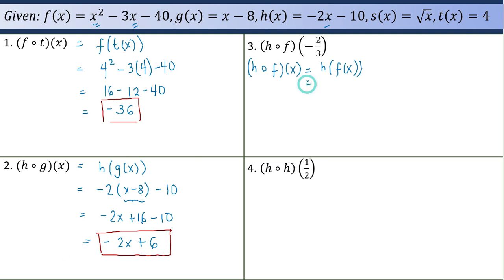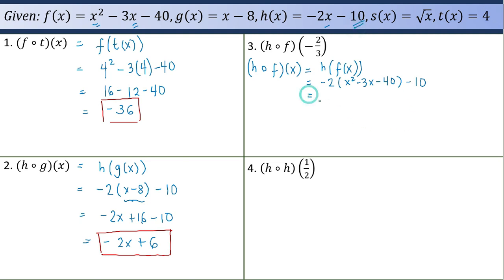So, ang gagawin natin, isa-substitute natin ang f of x doon sa ating h. Ano ba ang h? Ang h natin ay negative 2x minus 10. Instead of writing x, papalitan natin yung x ng ating f of x, which is x squared minus 3x minus 40. Of course, huwag kalimutan yung negative 10.